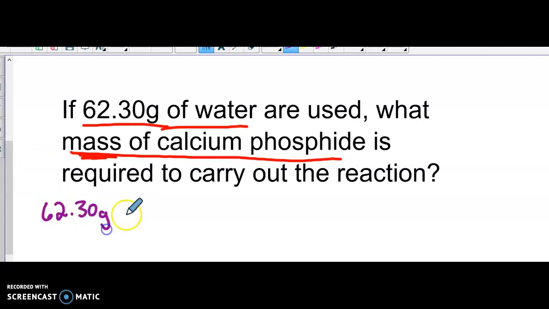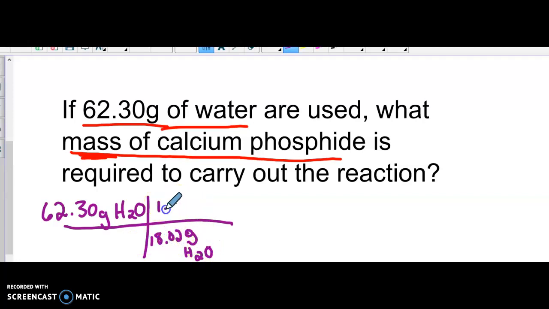62.30 grams of H2O. As always, show your units and your formulas in your work. So we know we've got to go from grams of H2O to moles. The molar mass of oxygen is 16, each hydrogen is 1.01, so that gives us 18.02 grams of water in 1 mole of water.